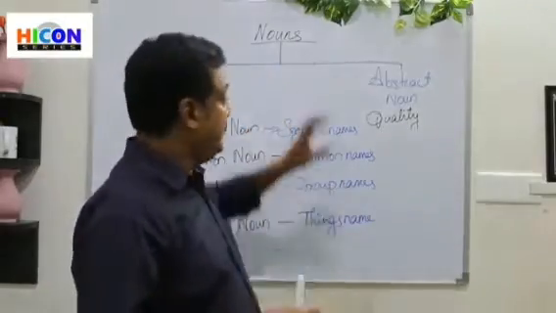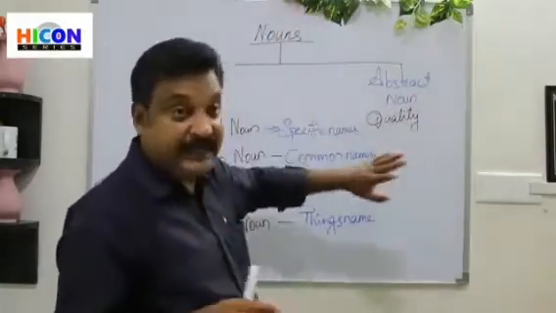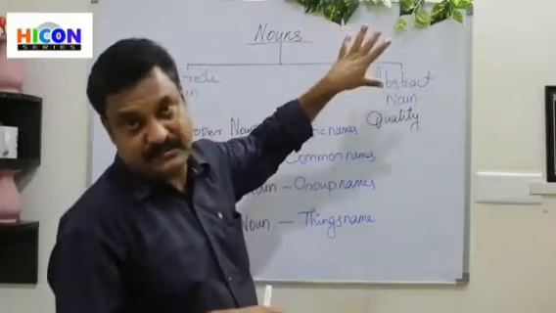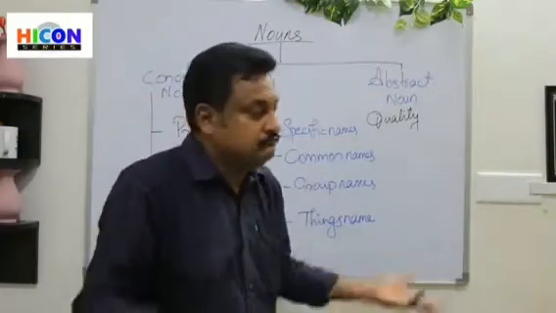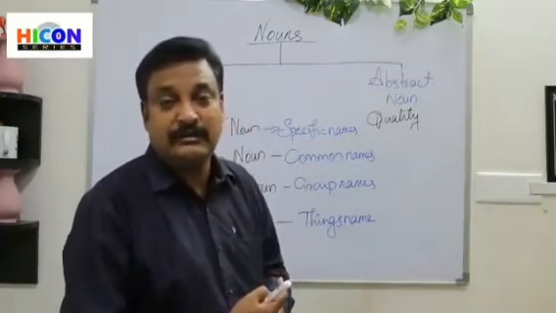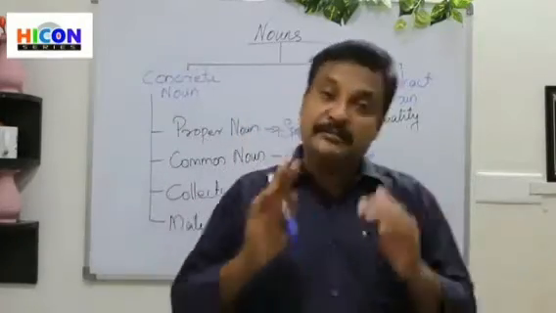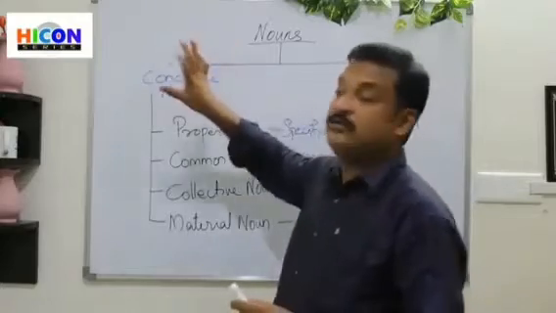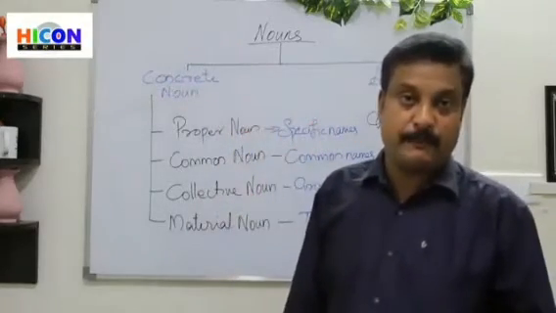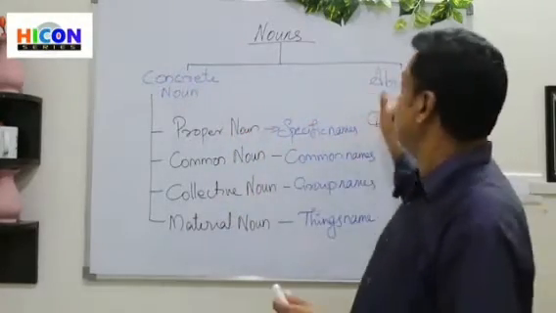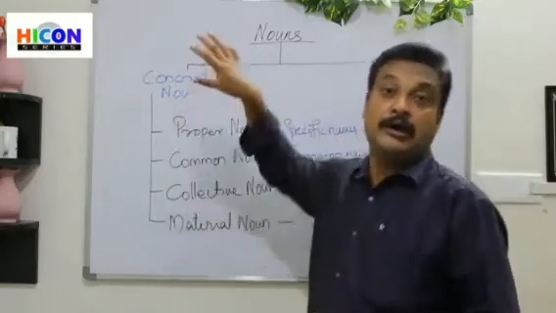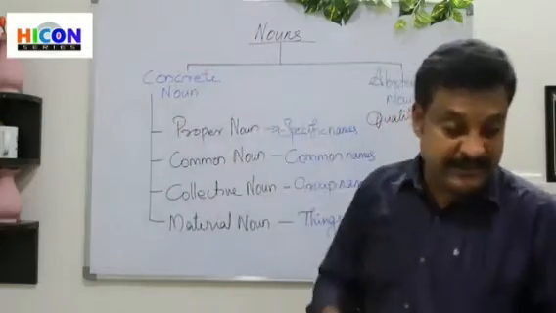No. So whiteness exists only if the board exists. If there is no board, then there is no whiteness. So abstract nouns always depend on a concrete noun for their existence.